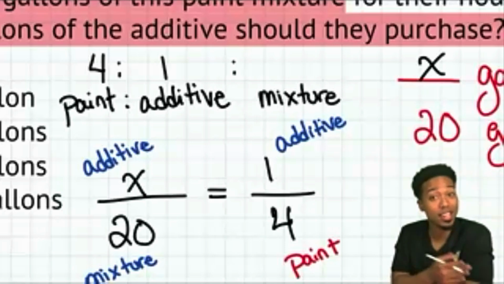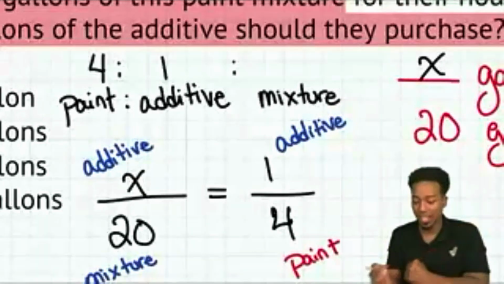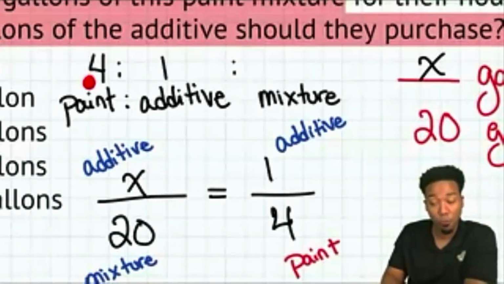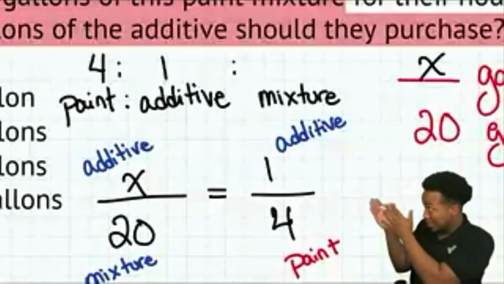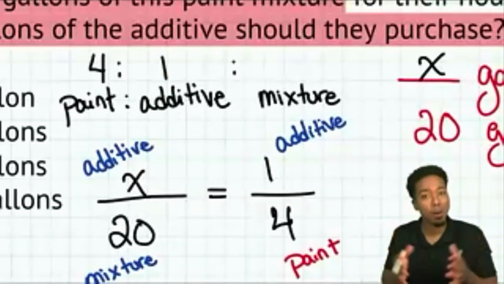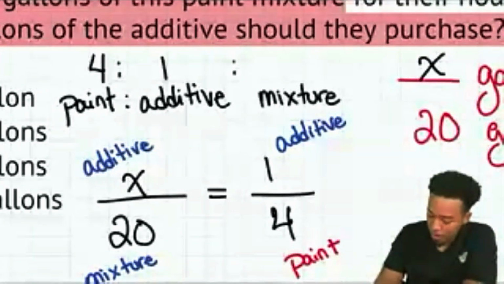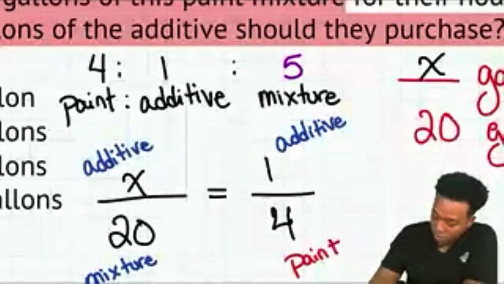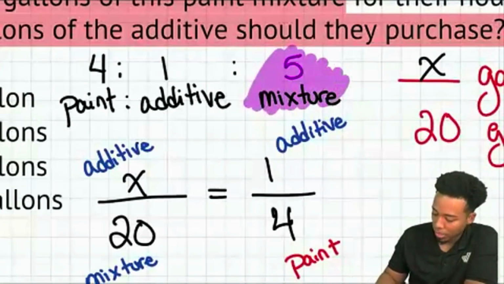Yeah, like I said, to get the mixture, you add the additive and the paint together. In this case, we have 4 parts paint, 1 part additive. So in this comparison, it'll be 5 parts of the mixture. Boom, 5 parts mixture. This is what belongs down here.